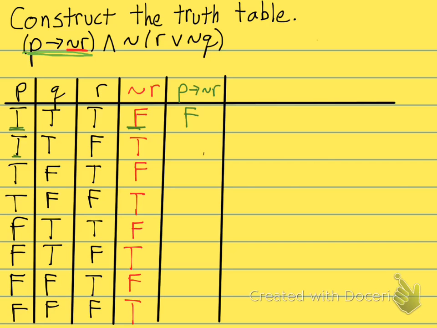Then we have true implies true, which would be true. Now we have once again true implies false, which would be false. Another true implies true, which would be true. And from this point on, the first statement's false. So if the first statement's false, then it's going to automatically be true.